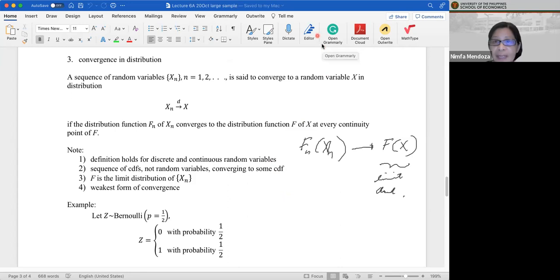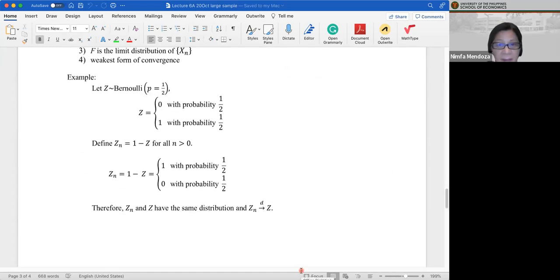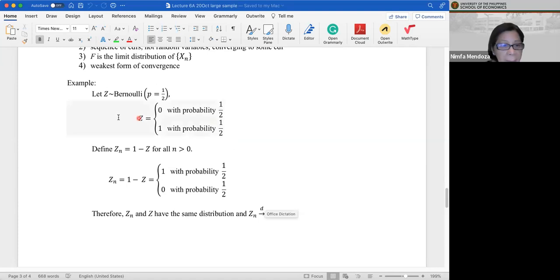Okay, let's have an example. Let the random variable Z have a Bernoulli distribution with p equal to 1/2.